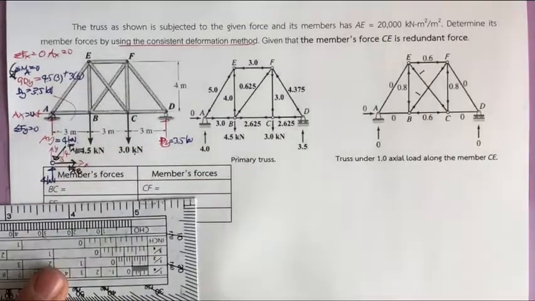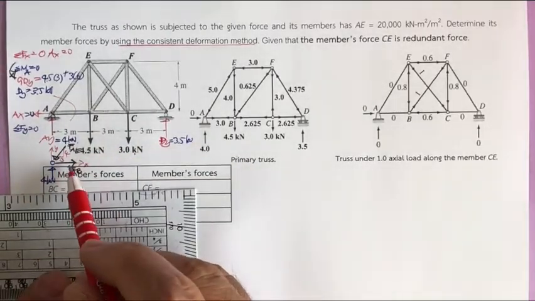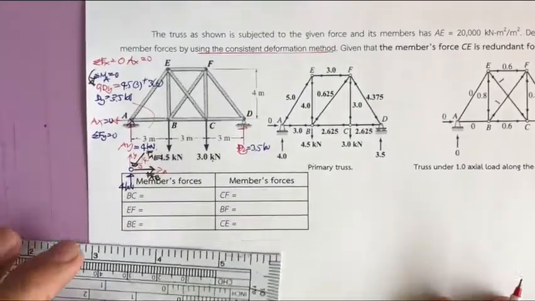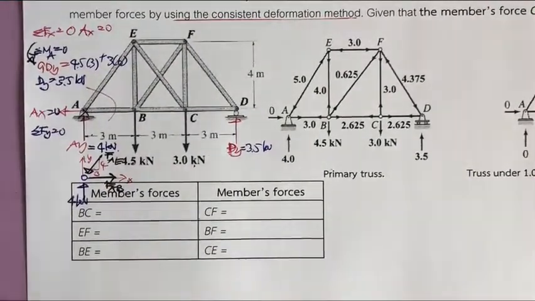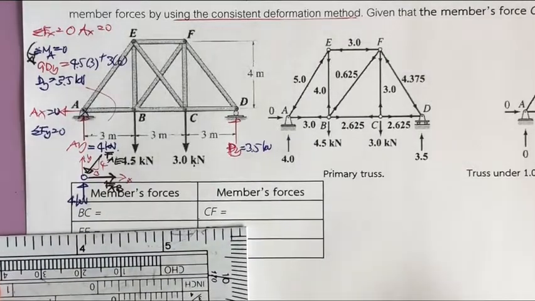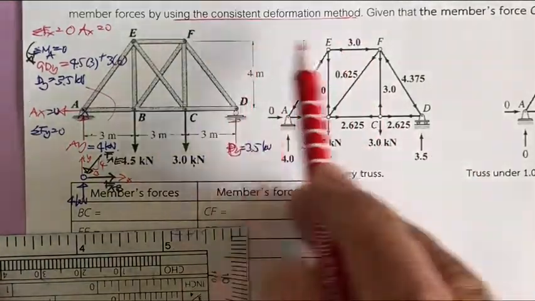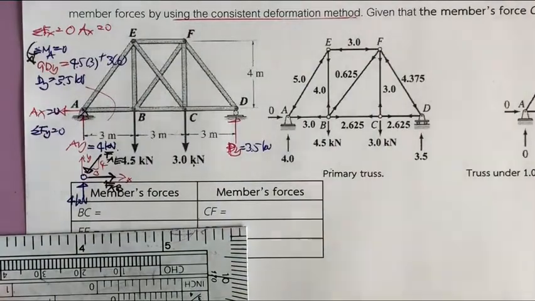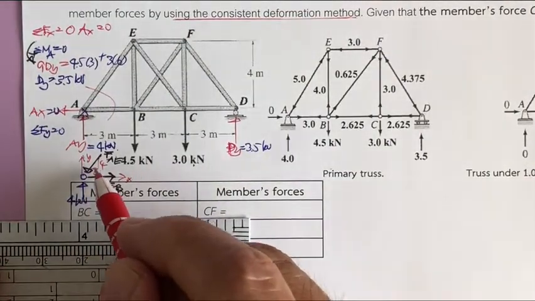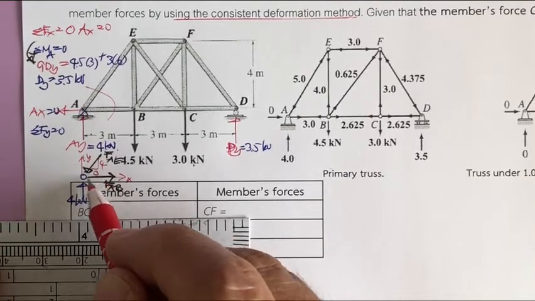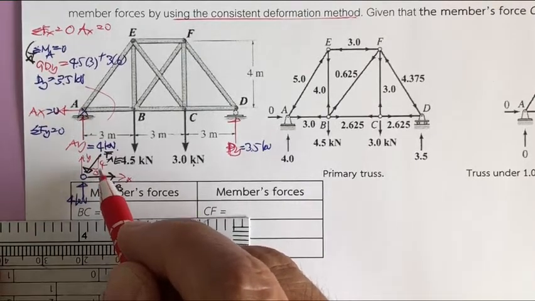Okay, again, based on this, which equation are you going to use first? I just want to solve what we can determine, and then we will later show you the consistent deformation method. So which one is first? If you do the summation of F sub x, you cannot get the result, right? Because you have two unknowns.